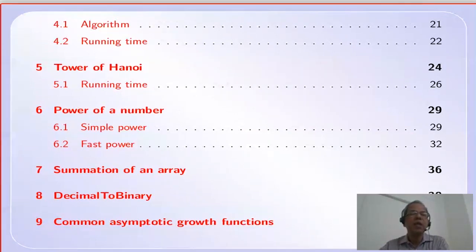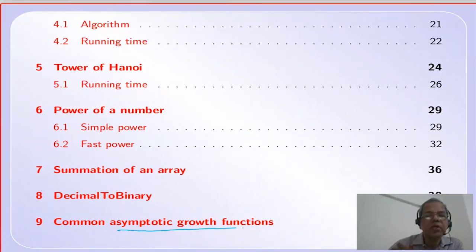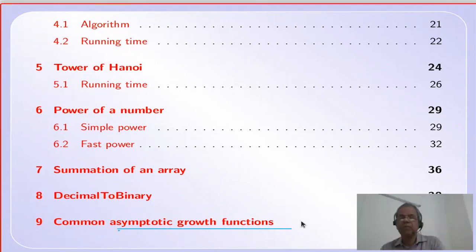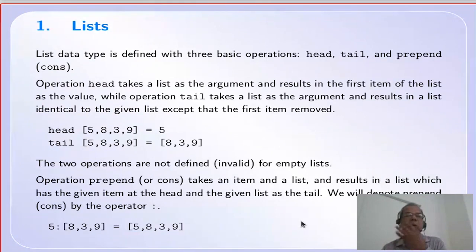Other examples I will leave to you for self-study. And finally, quickly take a look at what are asymptotic growth functions. Okay. Don't read all the contents of the slide. That is for your reading at leisure.